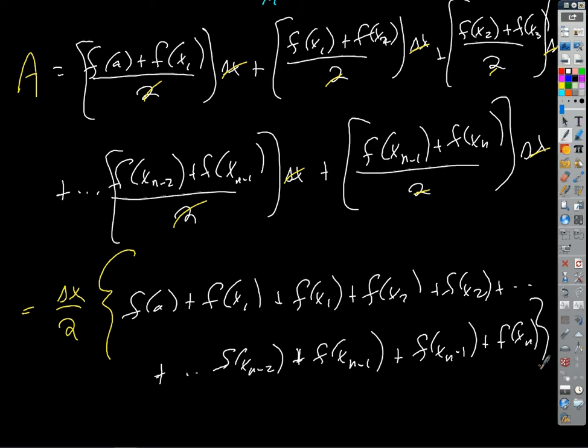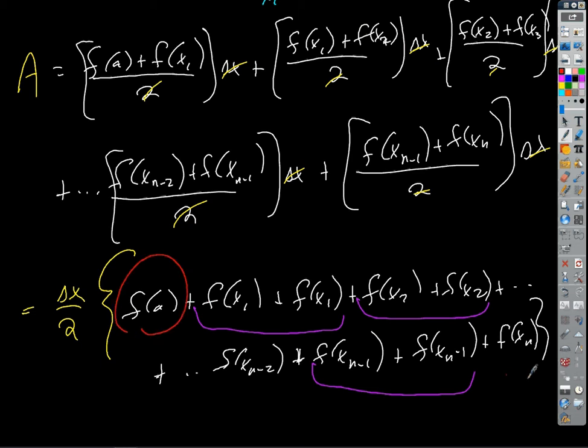Okay, did you notice something there? There's two of every single one except for the last, and the first. There's two of each of these. They all come in pairs except the first and the last, right?